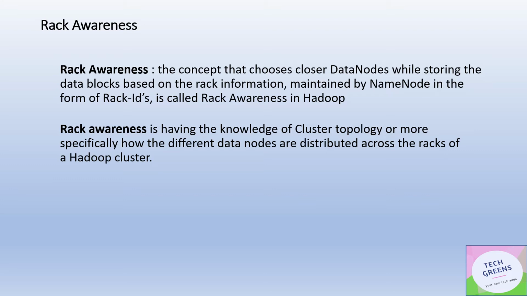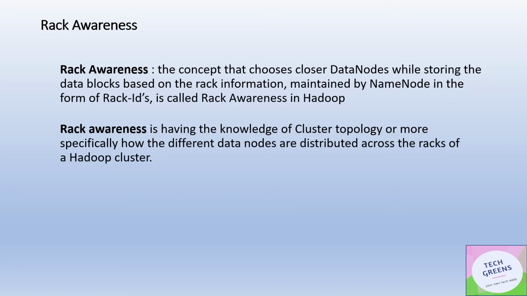The concept that chooses closer data nodes while storing the data blocks based on the rack information, and this rack information is maintained by the name node in the form of rack IDs. This whole concept is called rack awareness in Hadoop.